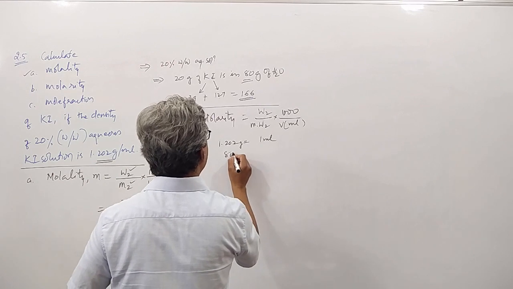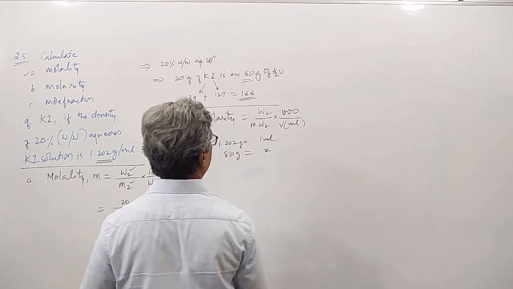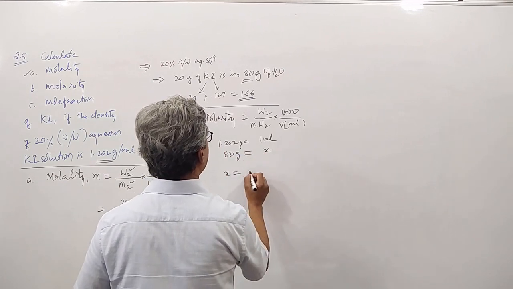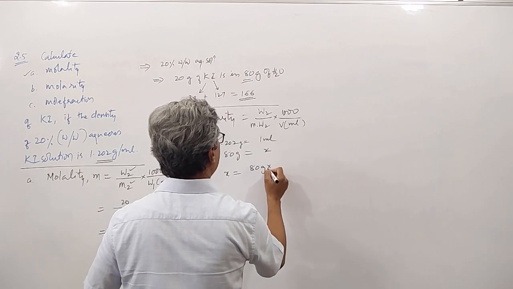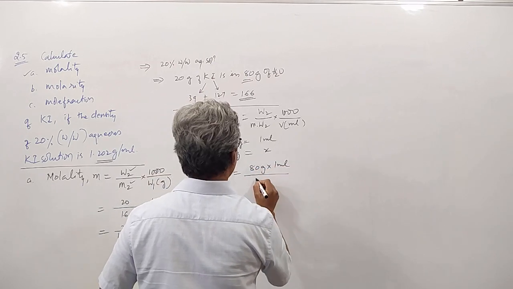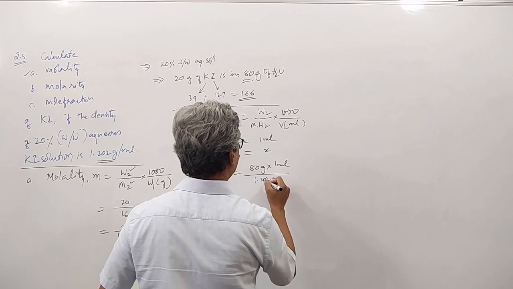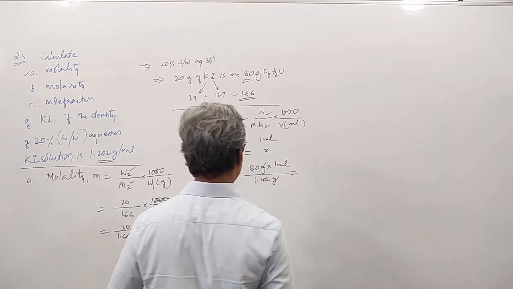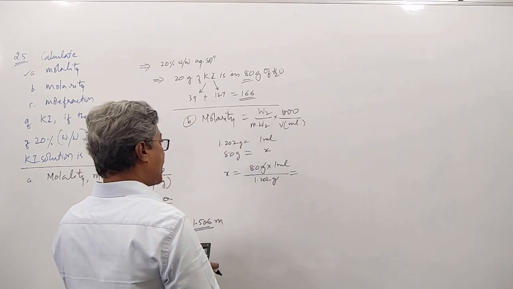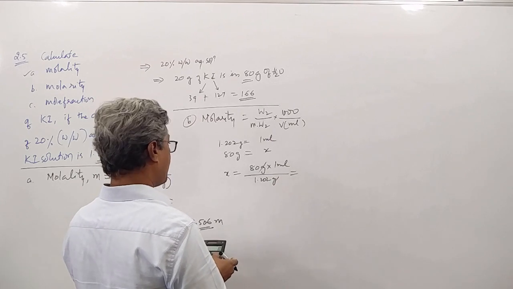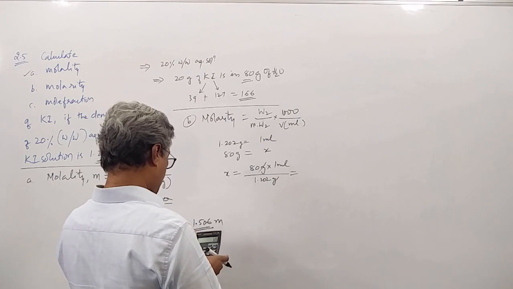That means 80 gram weighs how much volume? So X is equal to 80 gram into 1 ml divided by 1.202 gram. So gram gets cancelled, and you will get the answer in terms of ml. That means 80 divided by 1.202.